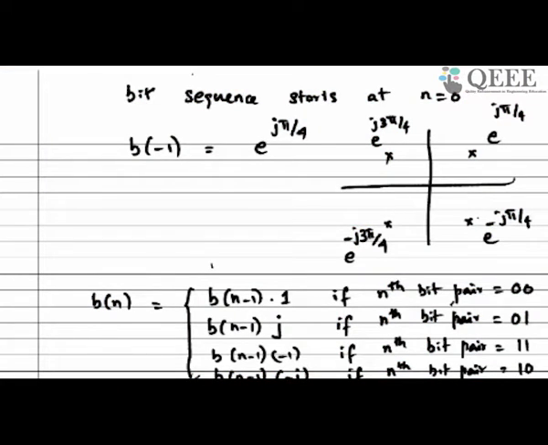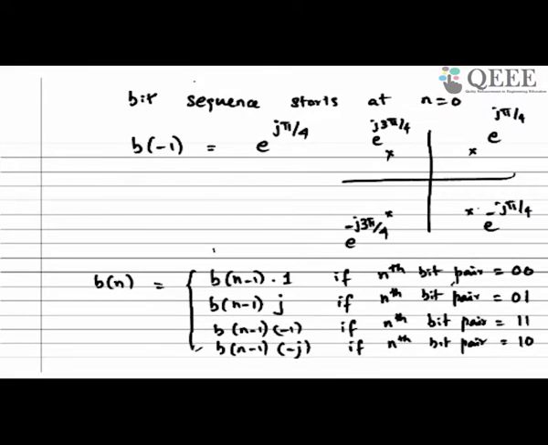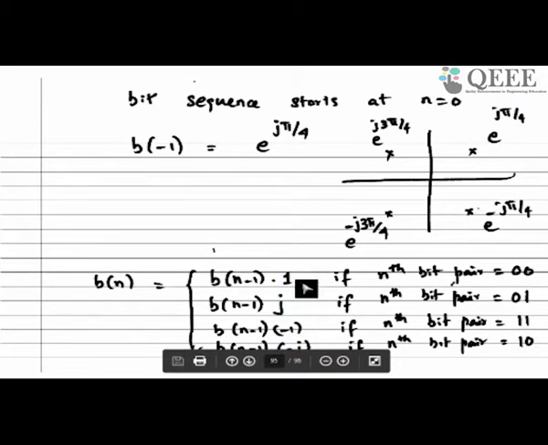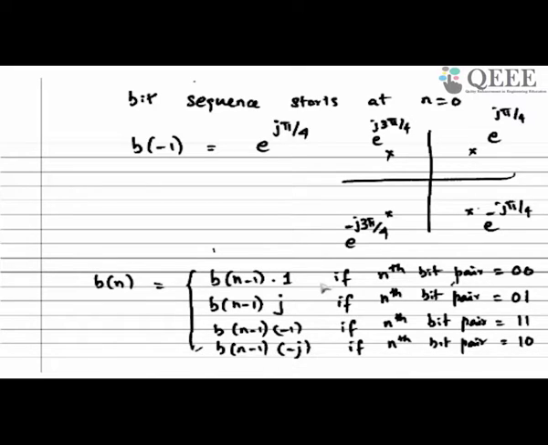Just like BPSK, you multiply the previous symbol with 1 or -1 depending on the bit value. Now you have four possibilities. Instead of 1 and -1, you allow 1, j, -1, minus j. So these are the four possibilities. So the current symbol is the previous symbol b of n minus 1 multiplied with 1 if the current bit pair is 0 0.